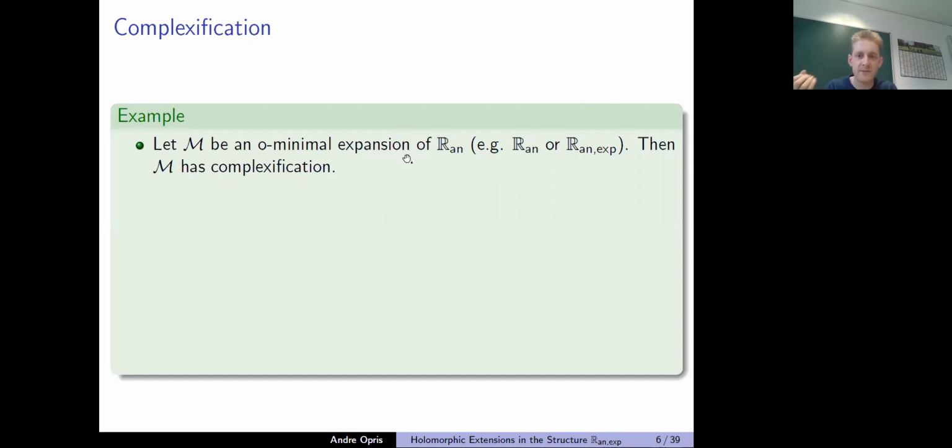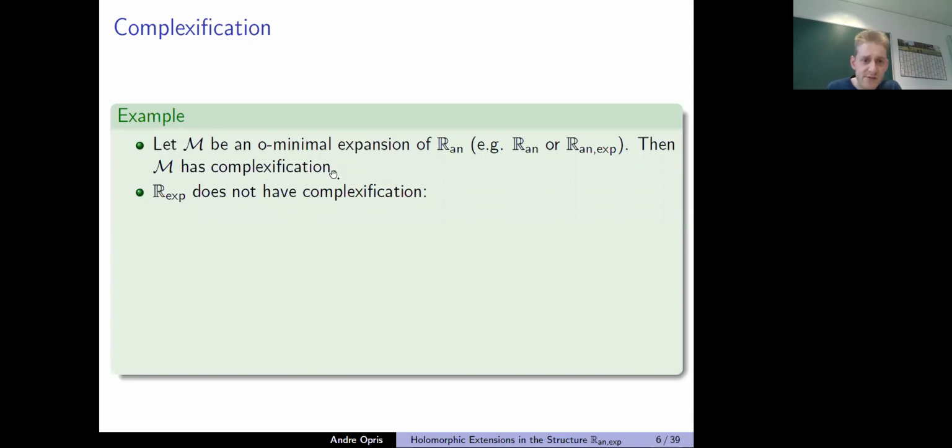Then you can plug in, in a small neighborhood in the complex numbers, also complex numbers into the power series, and then this complex power series is also R_an definable. So you see that this is then fulfilled. But important is here that you have these restricted analytic parts in the o-minimal structure. Since if we look, for example, at R_exp without this an part, then we can show that this does not have complexification.